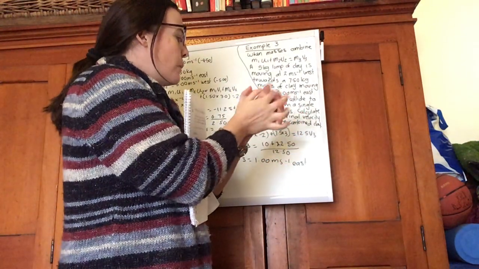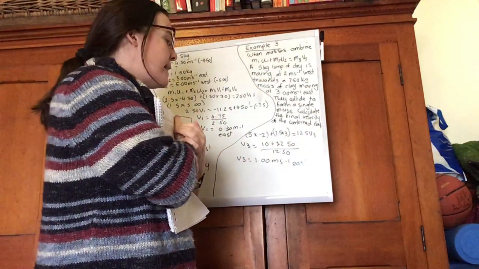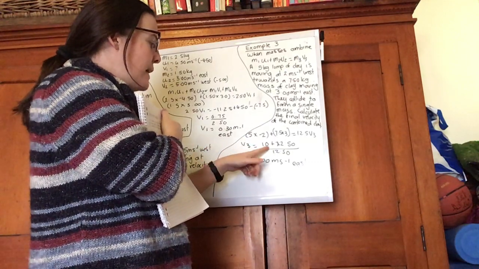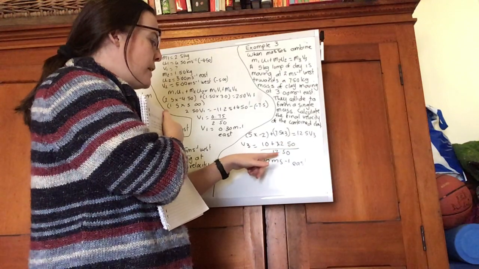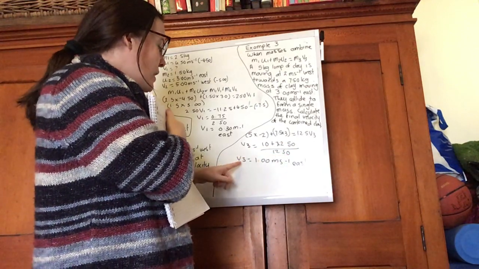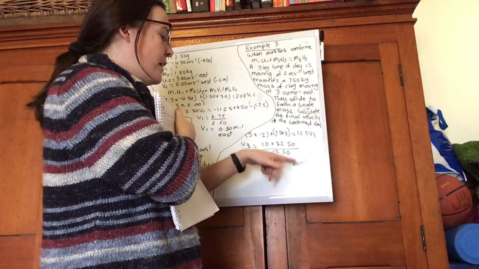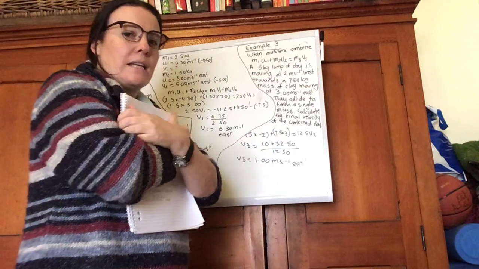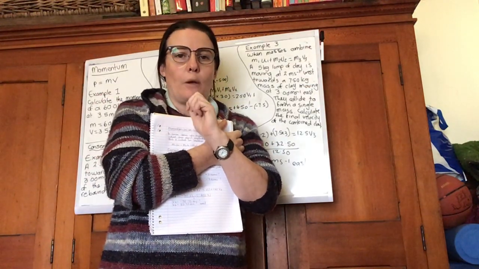That's the combined weight, and the V3 is what we're trying to find out in this instance. So the V3 is equal to 10 plus 22.5 divided by 12.5. So the V3 is equal to 1 meter per second to the east. And you'll be able to follow that example through more carefully in the notes that I've given you.